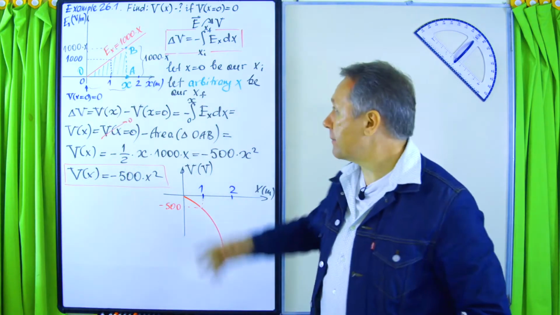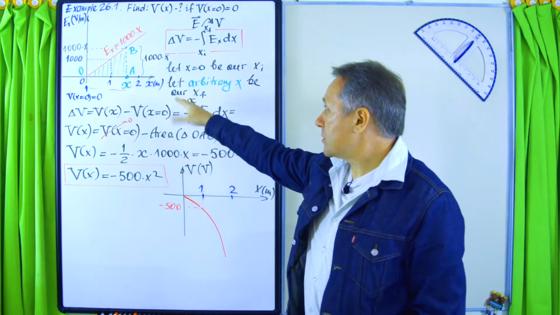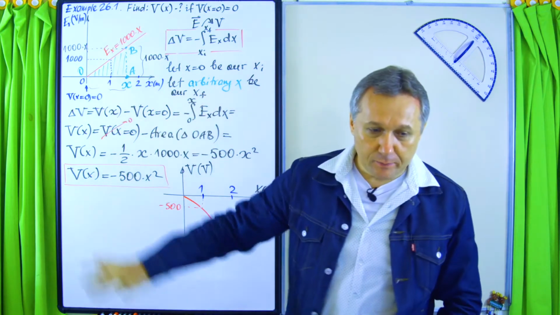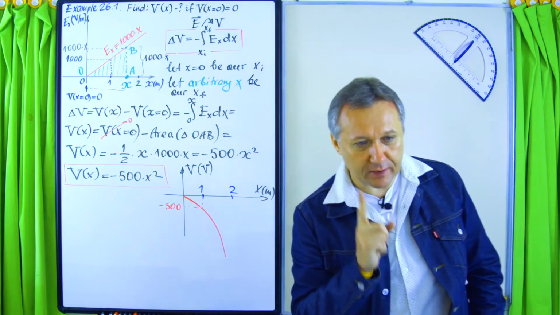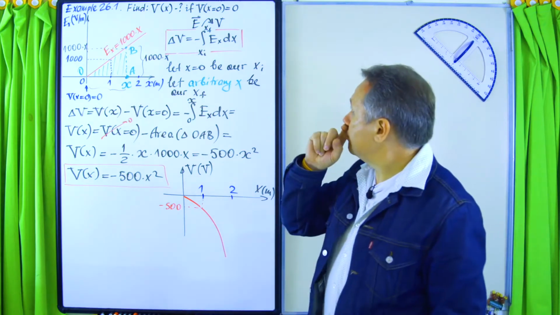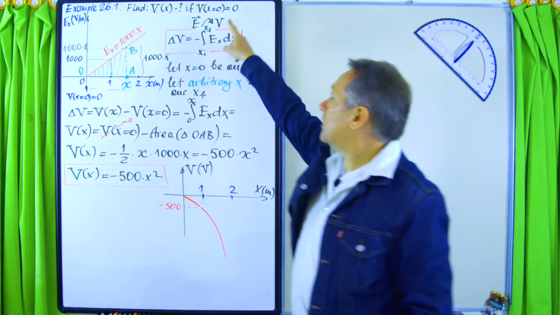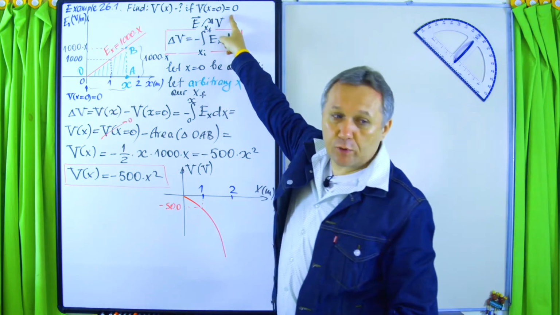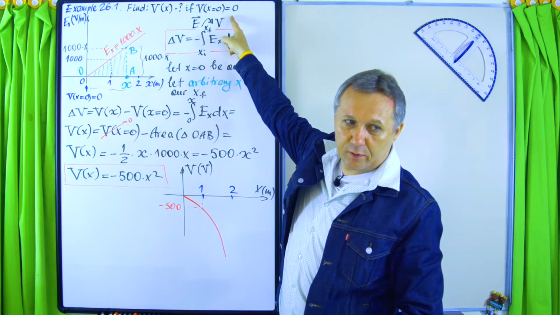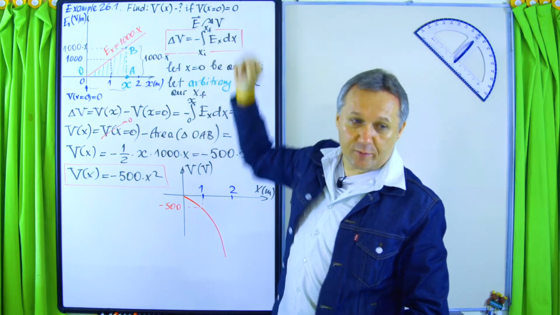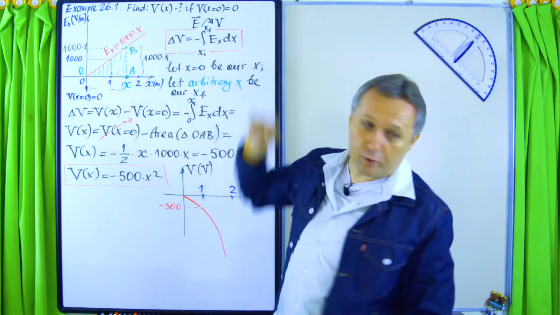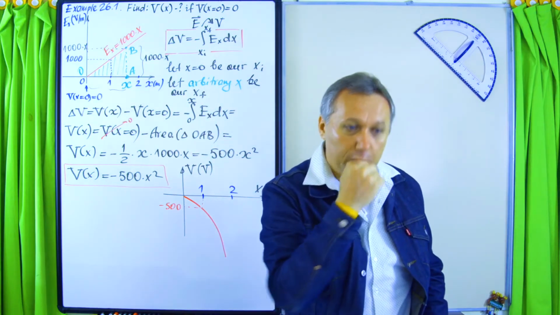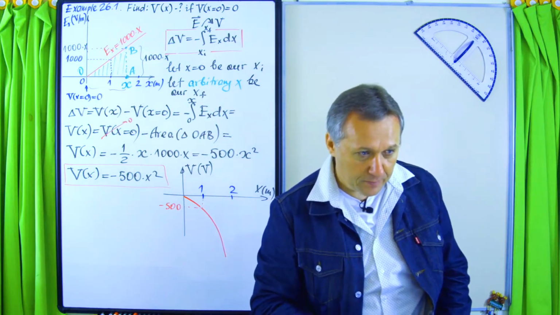But again, most of the time, the questions are about finding the electric potential at a particular point. Then another thing I want to emphasize, guys, if this information were not given, the value of potential at x equals 0 equals 0, what would we be able to find?